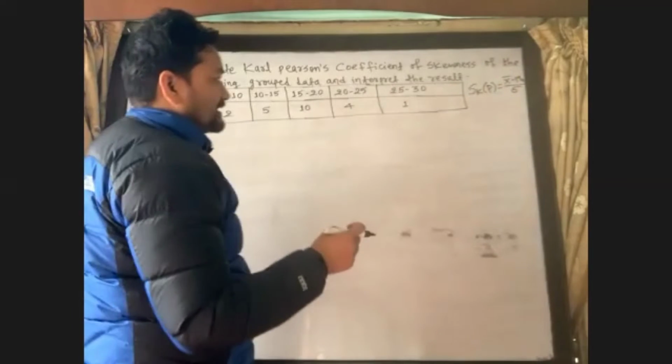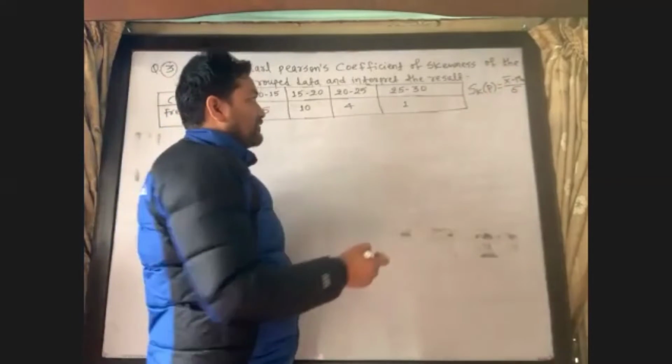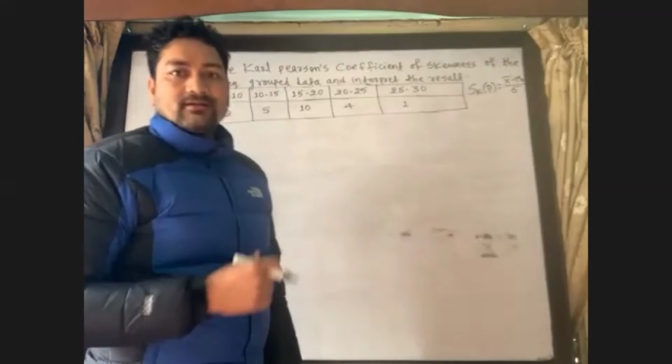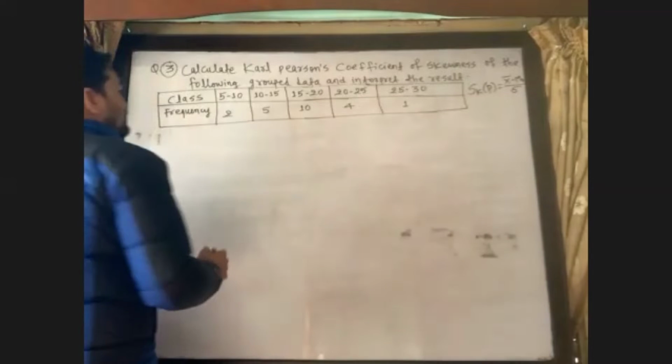यहाँ चाहिँ हामीले coefficient of skewness find out गर्न, what we have to find here? First of all, we have to find the mean, mode र standard deviation find out गर्नु पर्यो. Okay, so let's solve it.